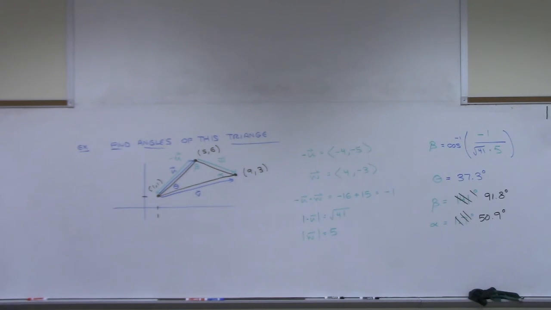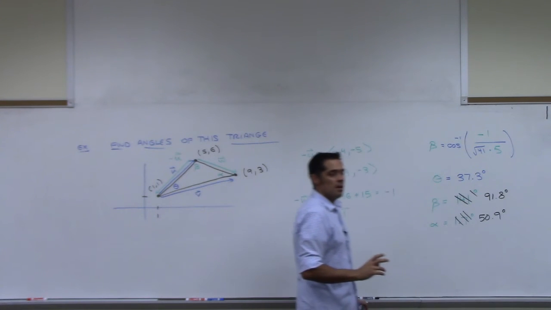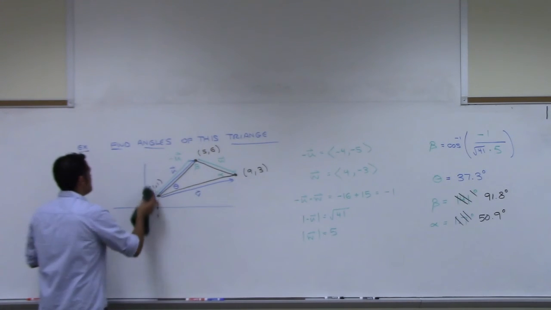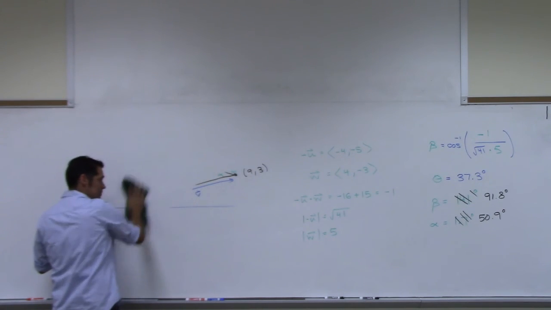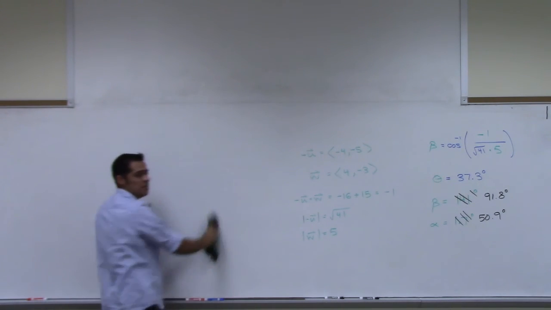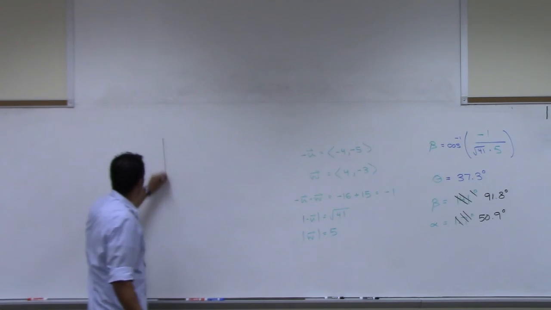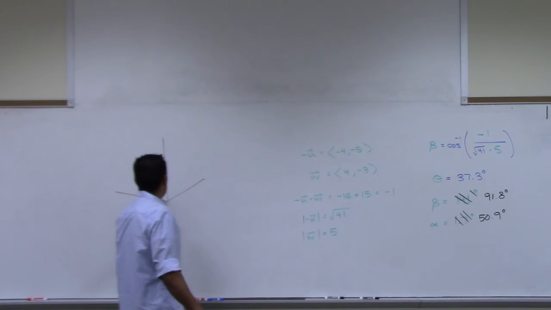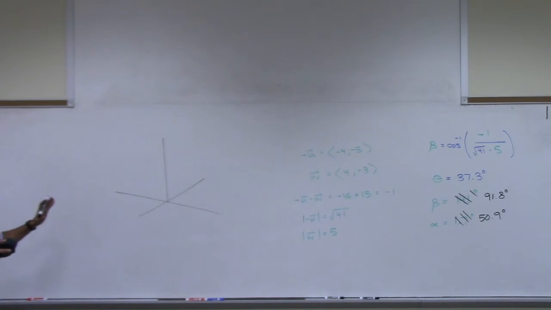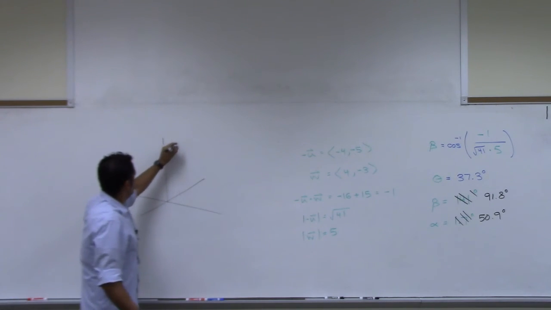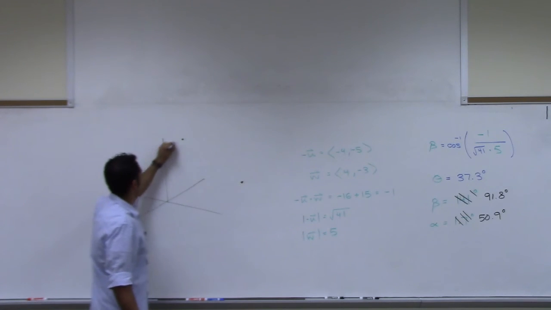Here's what's really nice about this: in this class, we have been dealing with vectors that are two-dimensional. I didn't cover three-dimensional vectors in this class. But imagine you had three-dimensional space, like the room, and you have 3 points sitting in space in this room, and you create a triangle.